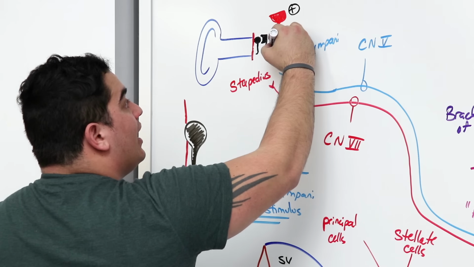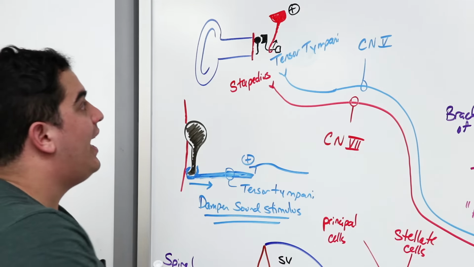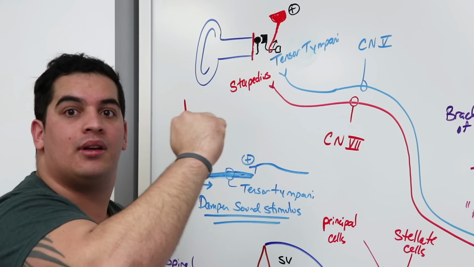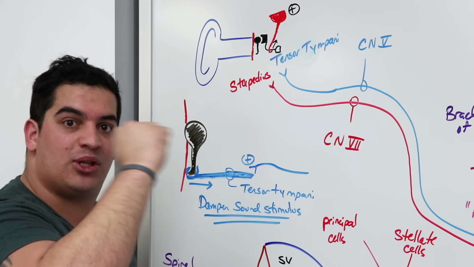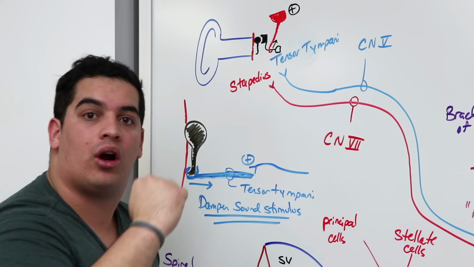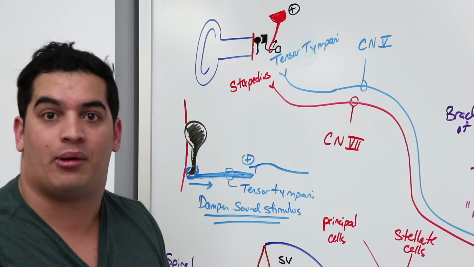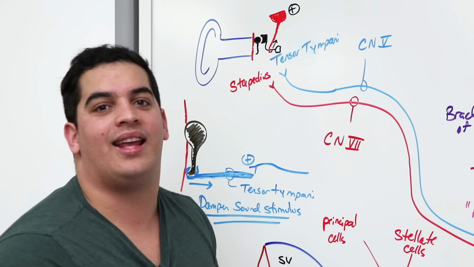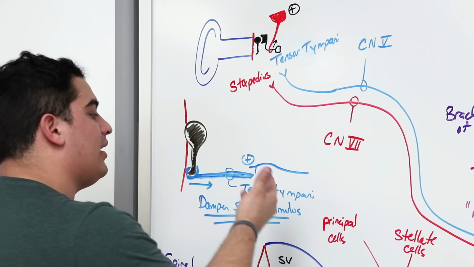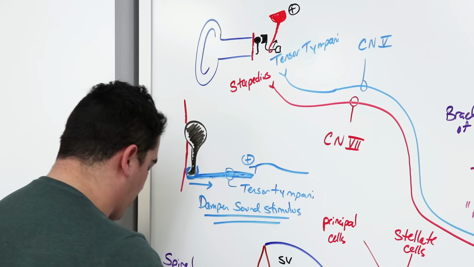And what's it going to do? It's going to pull on the stapes and prevent it from tapping on the oval window as much and as hard. It's not going to create as much fluid-filled vibration, which prevents as many hair cells from being activated. Again, another way of dampening the sound stimulus to prevent damage to our inner hair cells.